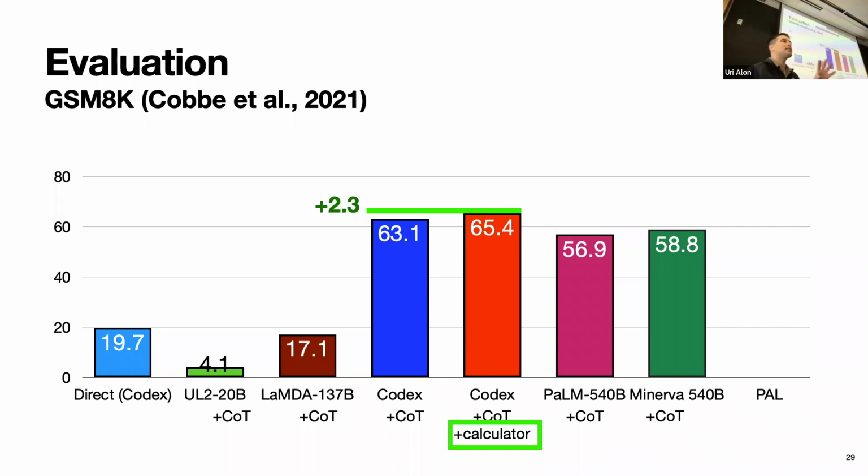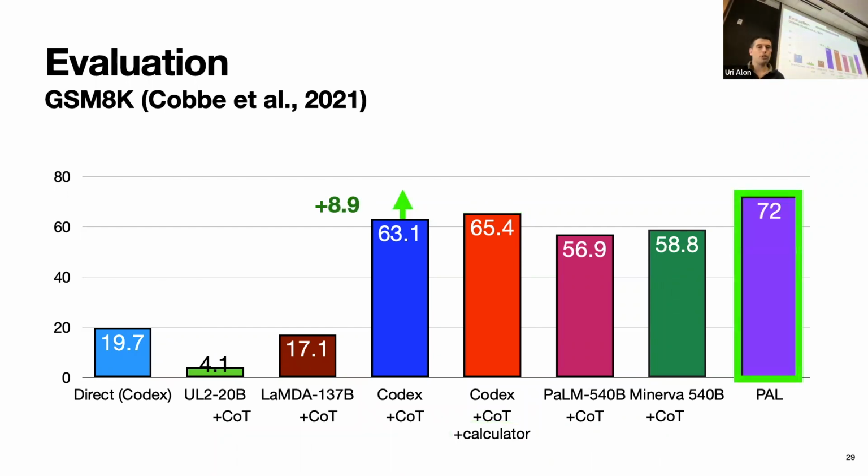So they had a similar idea of letting the model use a calculator to compute each arithmetic calculation instead of expecting the language model to do the arithmetic. But this gave them an improvement of only 2.3 points, while using PAL, which uses a complete Python program and not only a calculator, results in an improvement of up to 9 points.